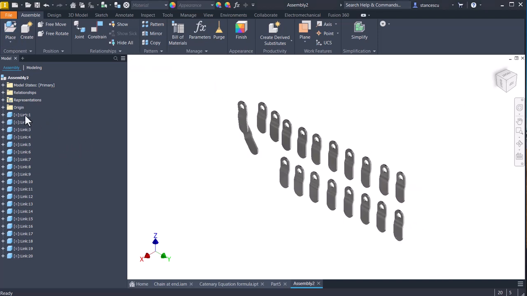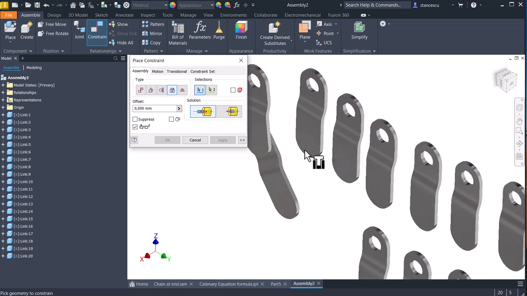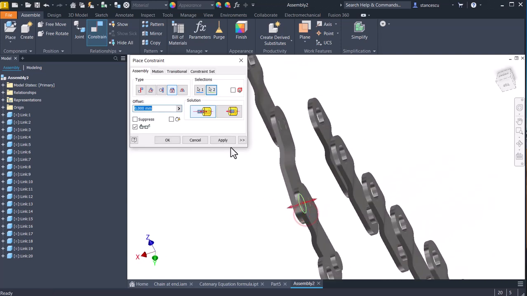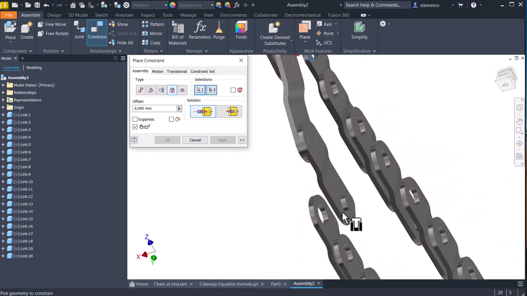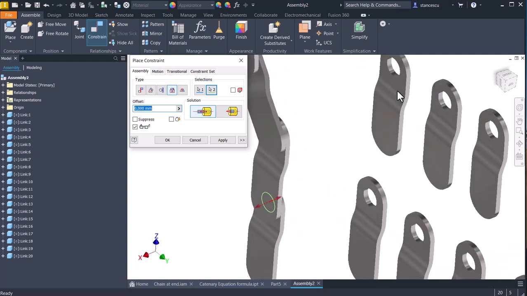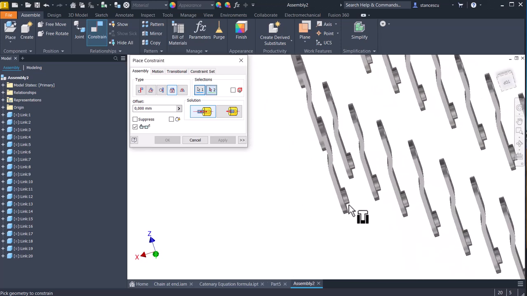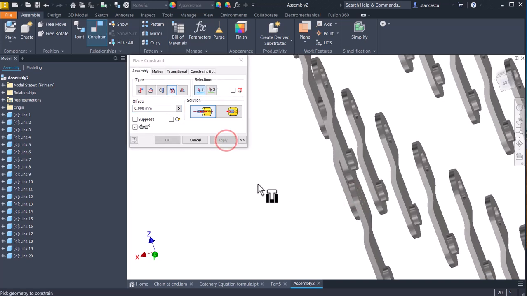You see in the browser that we have 20 links. We use the insert for all of them. This comes here. Apply. Next comes to the next. Apply. And we continue with all the other.